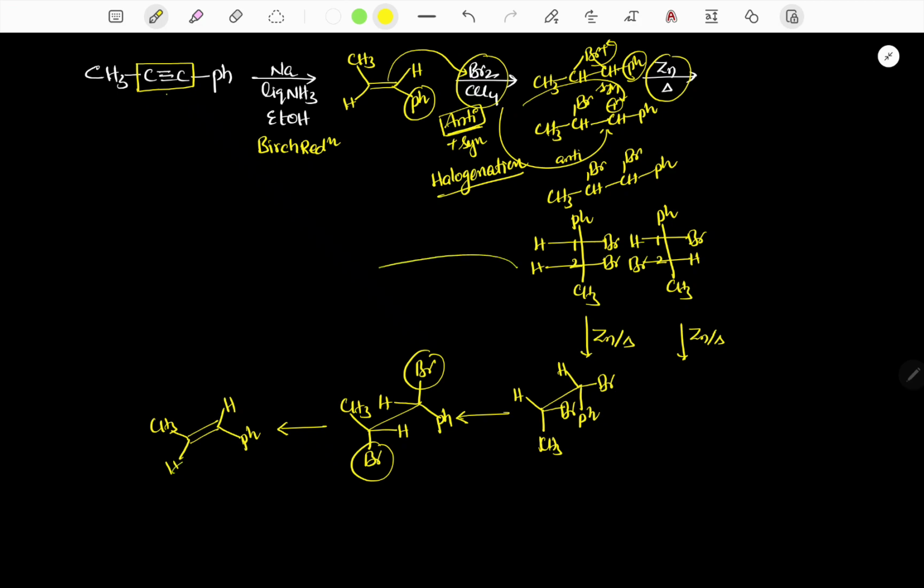So from the meso compound, anti-elimination, we get the corresponding trans. Now it is a racemic type of compound. CH3, Ph, bromine, hydrogen, hydrogen, bromine.